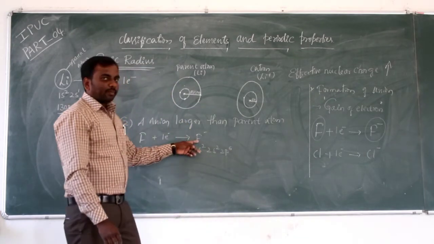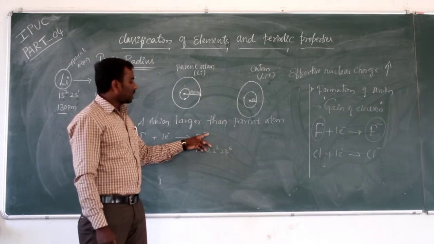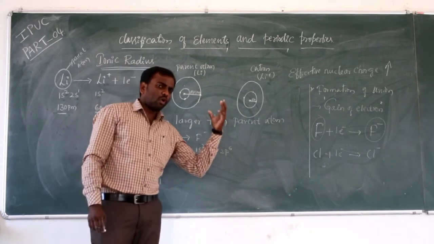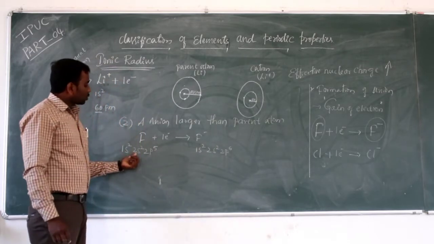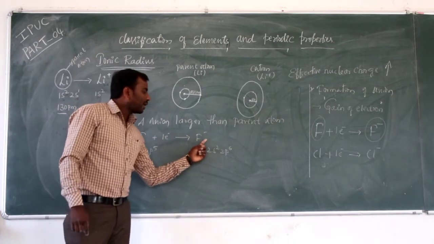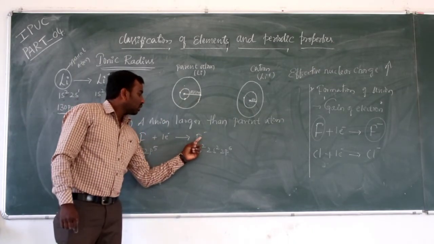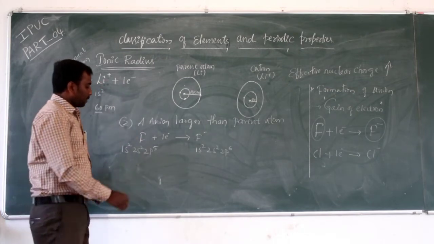Because fluorine has 9 protons plus 1 electron, the total number of electrons is 10. Is it clear? 1s2, 2s2, 2p6. See how it is possible. This fluoride ion, this anion is larger than this parent atom. How? See.